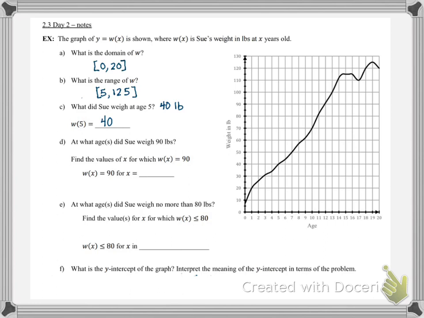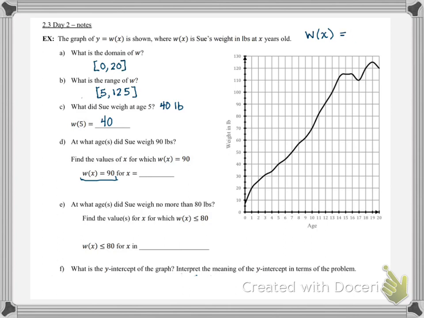And then we want to know what ages she weighed 90 pounds. Now notice when we give you this one symbolically, that the number's on the other side. That's how you know if you're looking for the x or the y value. I always think of this statement like w of x equals y.